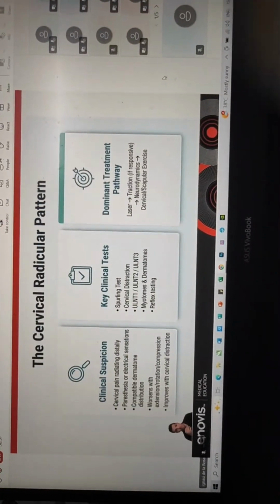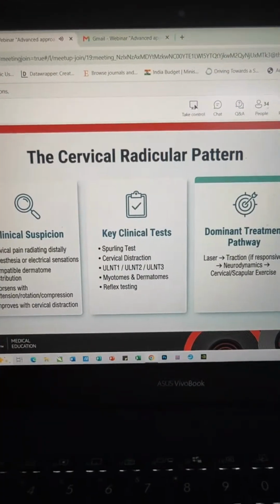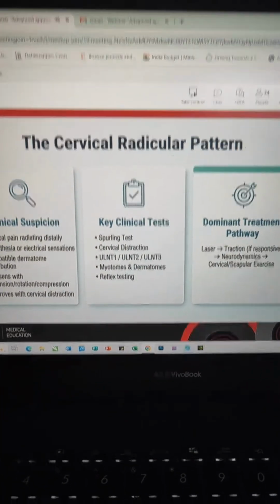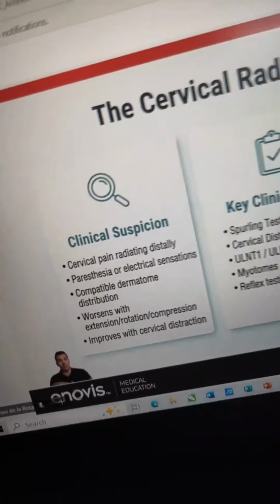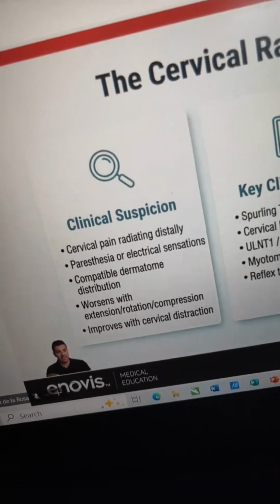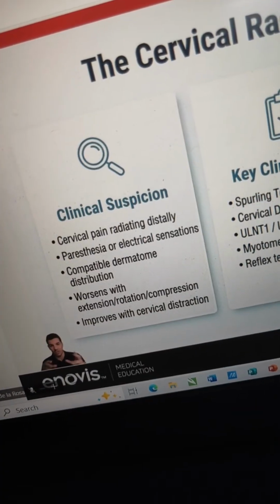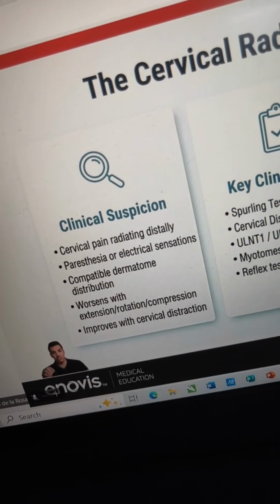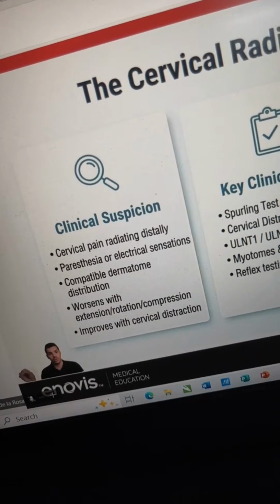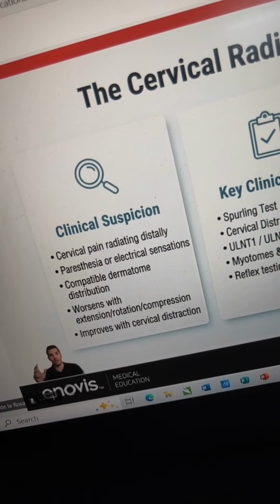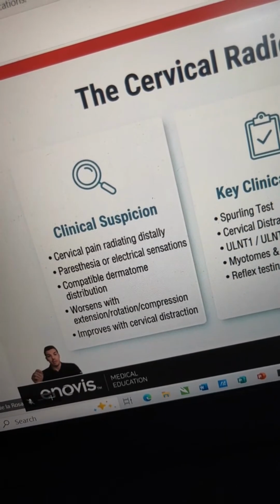Let's talk a bit more about the cervical radicular pattern, which is one of the most common. So here, what we need to look for is a coherent combination of findings and not rely solely on a single test. That is to say, when cervical pain radiates distally, paresthesia, or that electric sensation appears, and the distribution matches a radicular territory, that's a common suspicion.